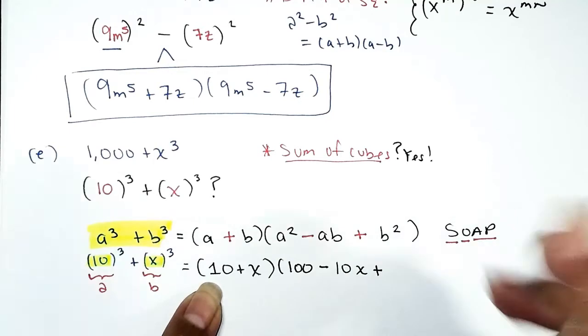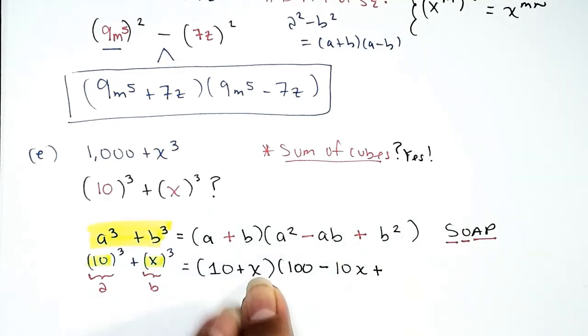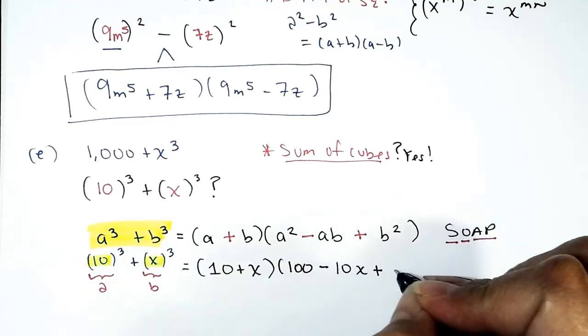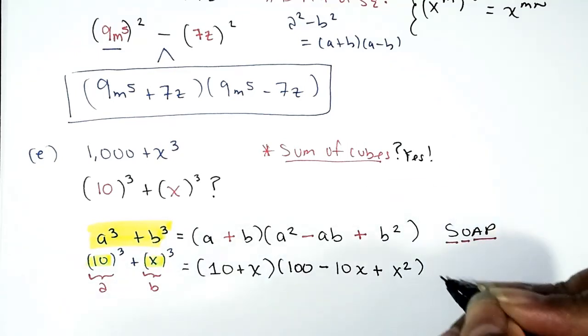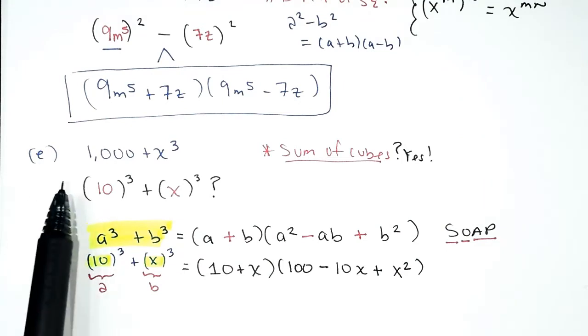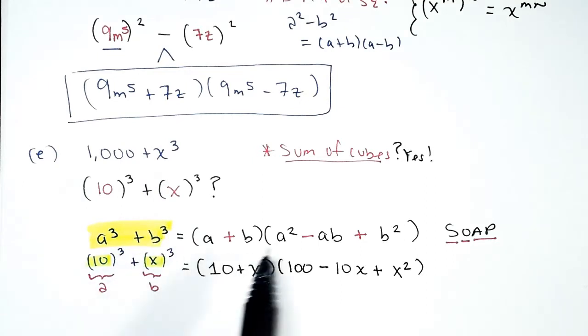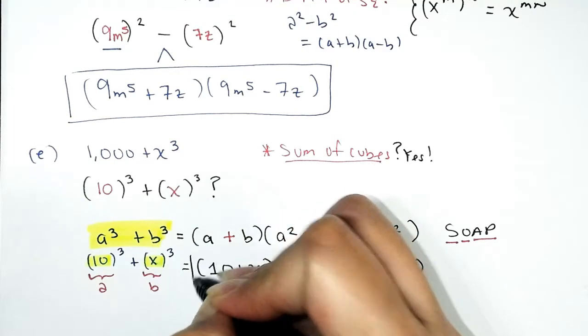Always positive, b squared. Value of b is x, and when we square it, that will give us x squared. Cool. What do we do thereafter? Nothing. Okay, we watched out for common factors from the start, and if this is our question, that's our answer. You should not be able to break this down because that's our answer.